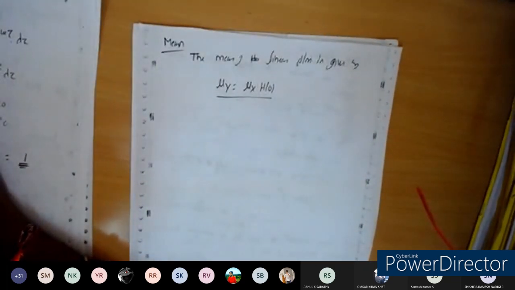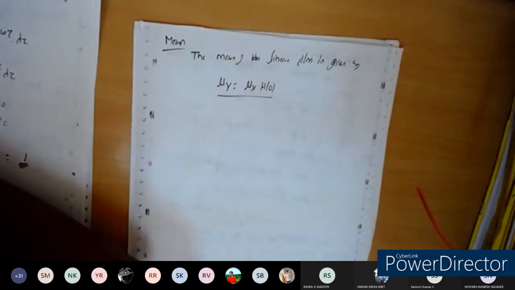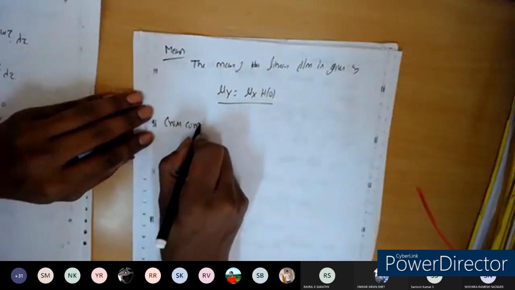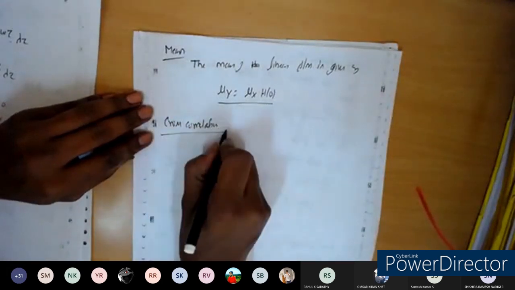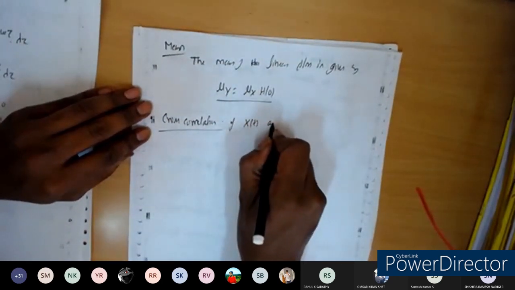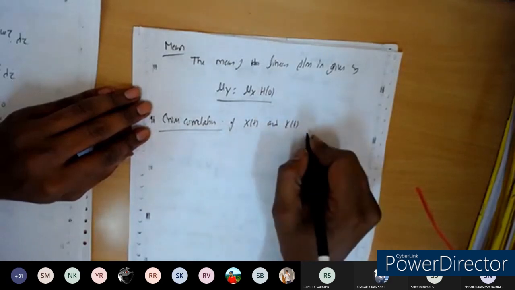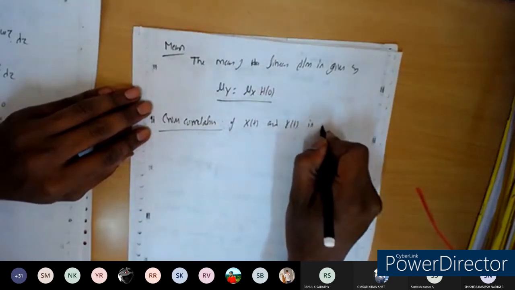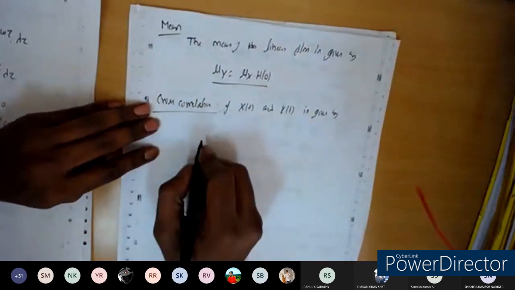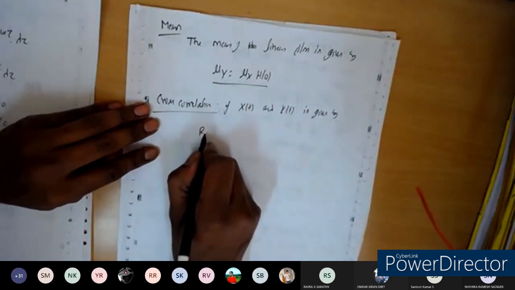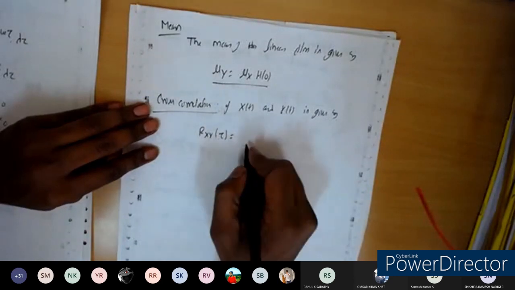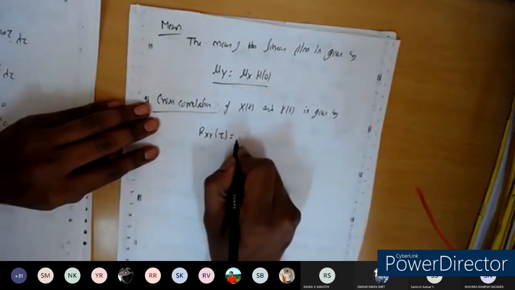Similarly, we'll find out the cross correlation. So we are going to take the formula, we are not going to do any derivation. The cross correlation of x of t and y of t is given by rxy of tau.